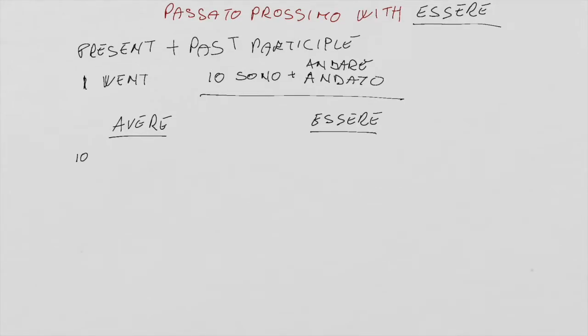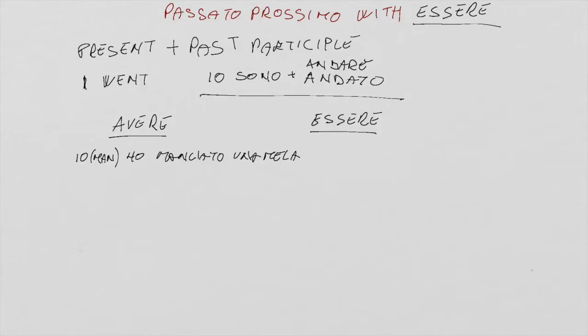Io ho mangiato una mela. Pretend that io in this case is a man. So the person who is talking is a man. Io ho mangiato una mela.